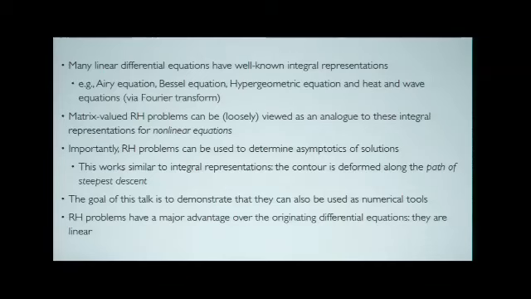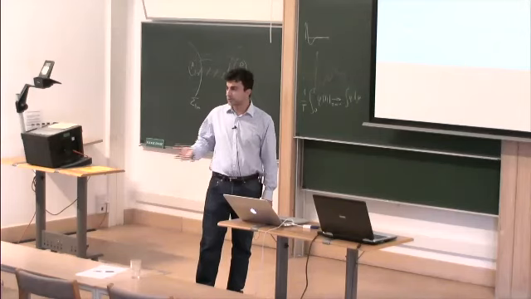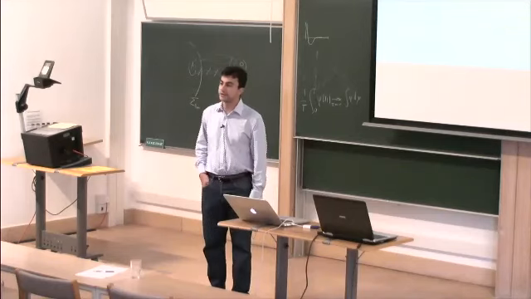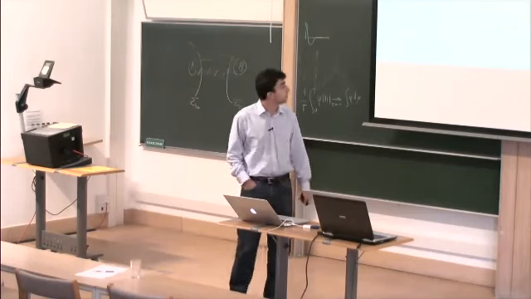Okay. And just as Painlevé transcendents are nonlinear analogs of special functions, these are nonlinear analogs of integral representations. And so they've been used to determine asymptotics similar to how integral representations are used to determine asymptotics in linear special function theory.